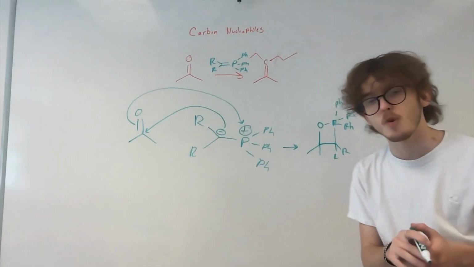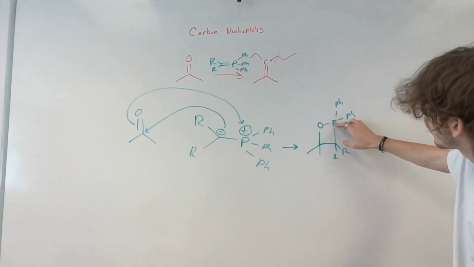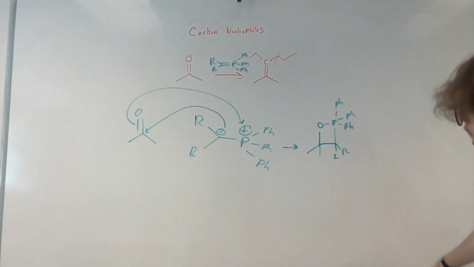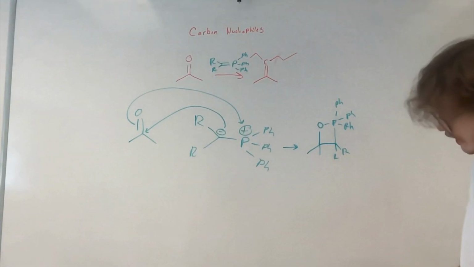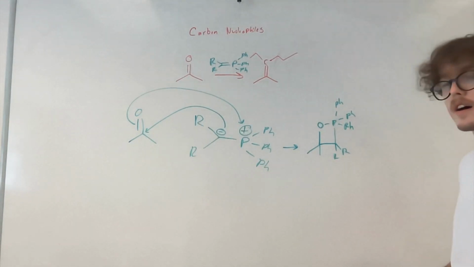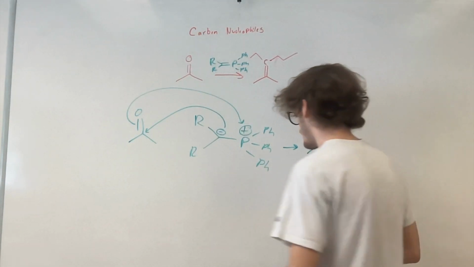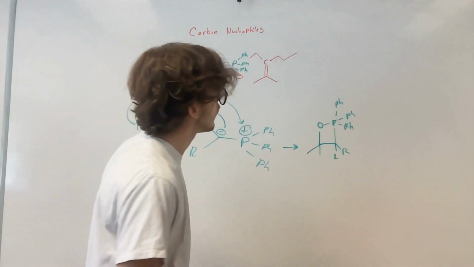So it makes kind of a 4-membered little ring here, okay? So I hope you can see it. And this ring is unstable. A 4-membered ring is like, I don't want to exist. Nope, angle strain, 90 degrees, hell no.